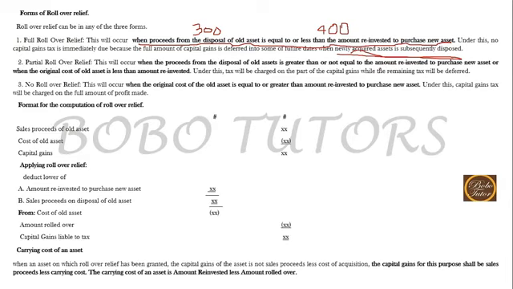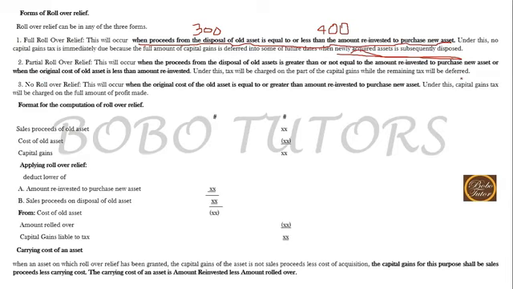Or if the original cost of the old asset, the original cost when you purchased that asset, is less than the amount reinvested, that is also called partial rollover. Are you getting it now? So under this, tax will be charged on part of the capital gains, while the remaining tax will be deferred. Meaning some of it will be charged now, while some will be deferred.